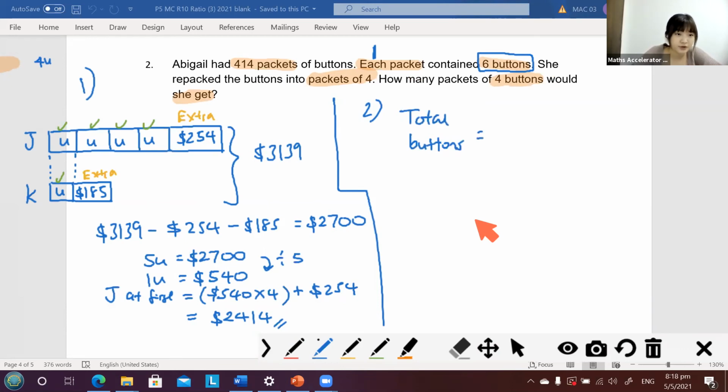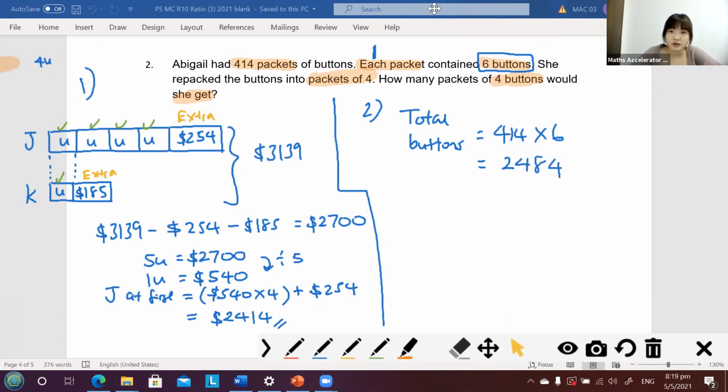Yes, those of you who are telling me 414 times 6, that's correct. Because each packet got 6 and we have a total of 414 packets. What will this get you? 2484. Okay, thank you. So you times it to get the buttons.